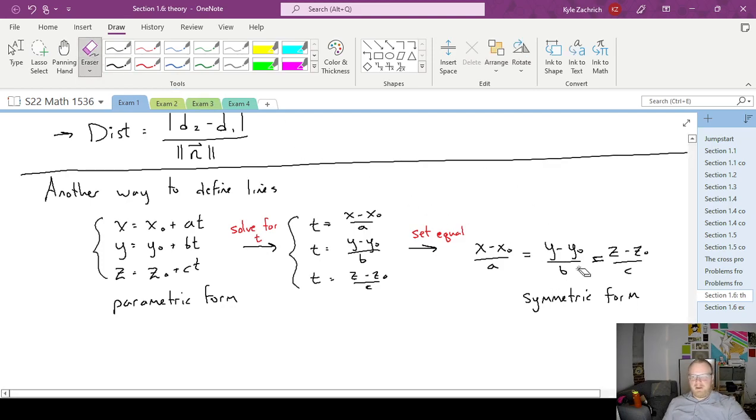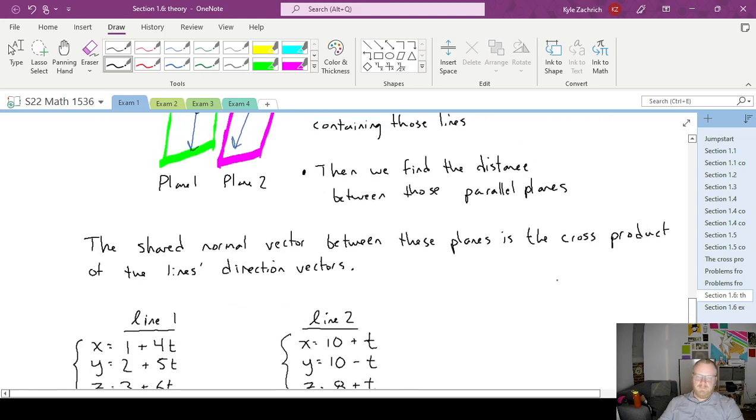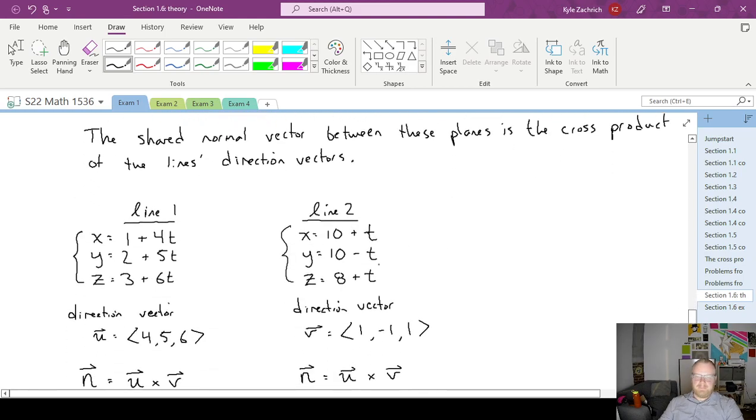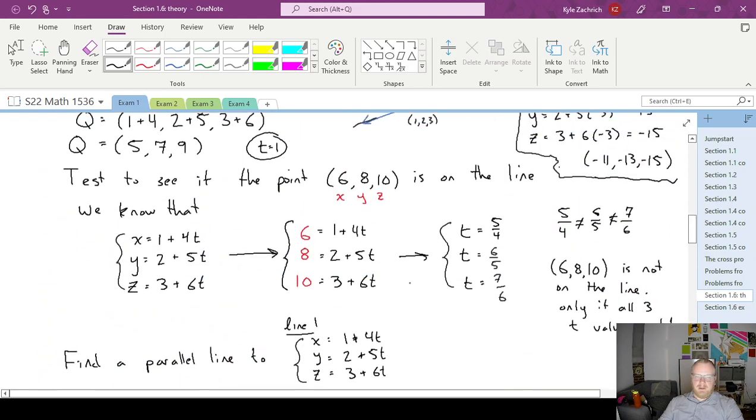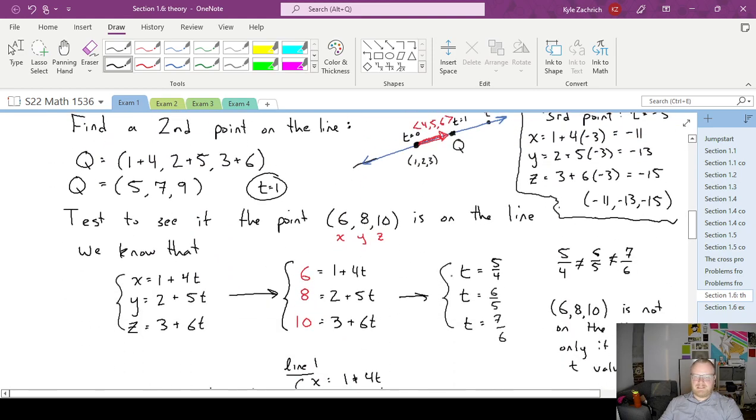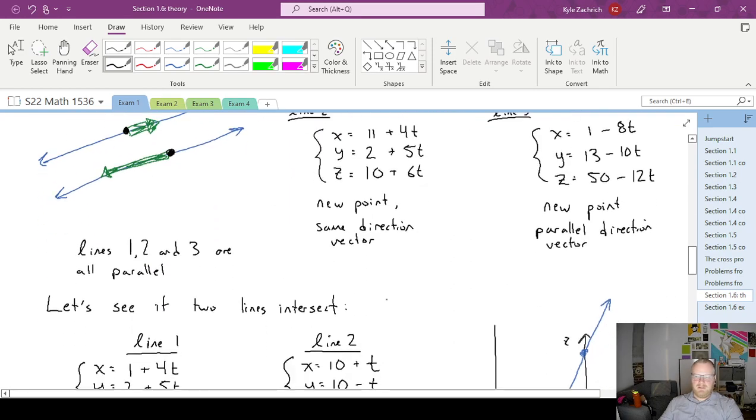The reason I'm not a big fan of this one is because, first of all, it's a three-sided equation. So you're going to have to do some work to figure out basically everything that's not testing a point.